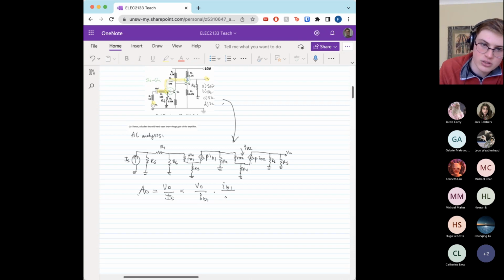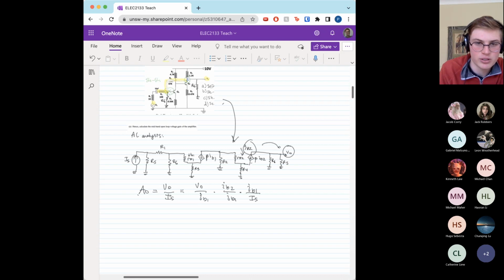To be super systematic about it, why don't we start with this setup? Stop me if I'm wrong. Essentially, I'm working my way back from V0 to IB.